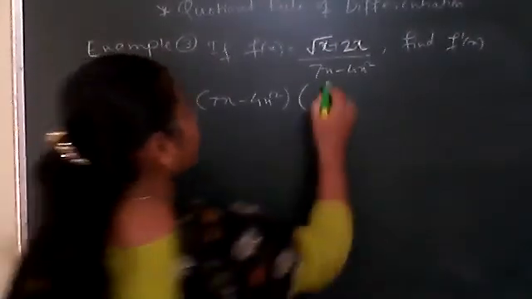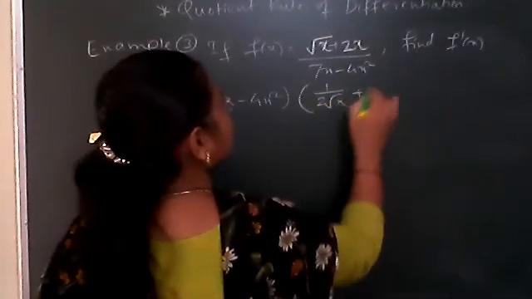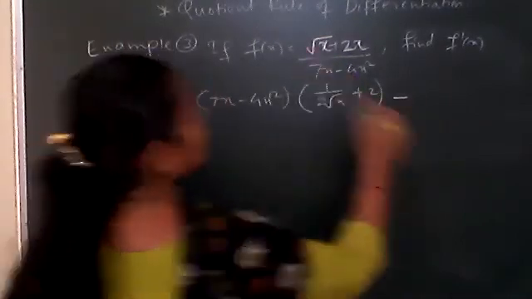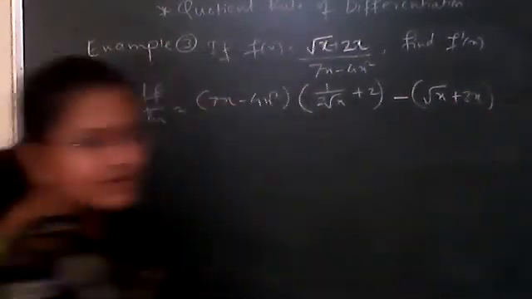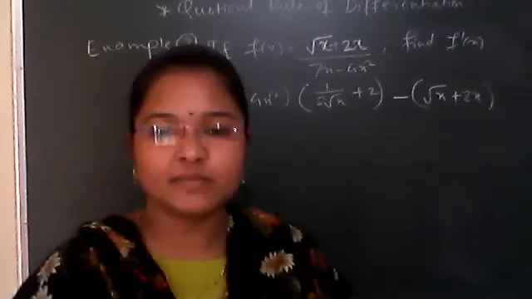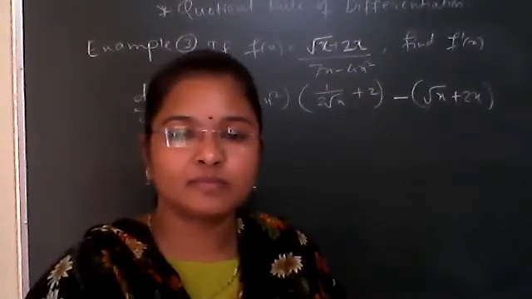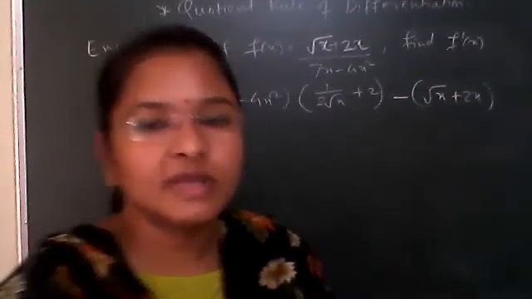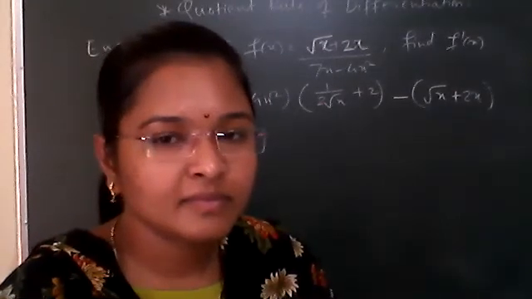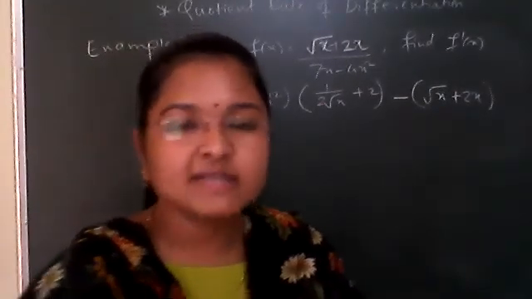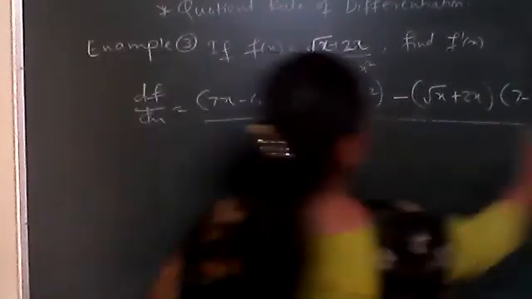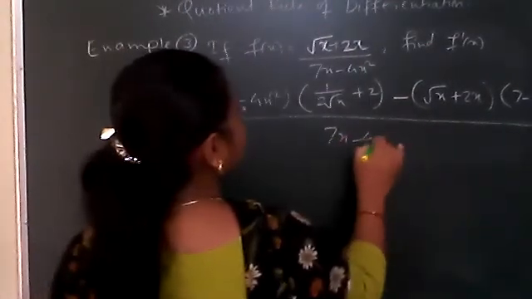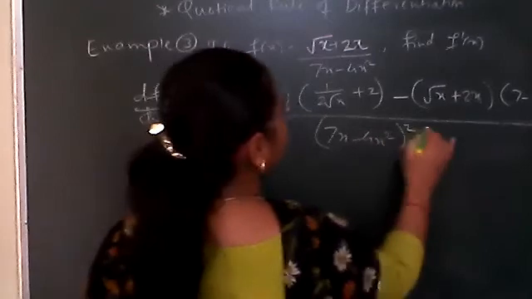Yes, very good. 1 by 2 root x plus 2 minus first function constant root x plus 2x into what is the derivative of 7x minus 4x square? 7 minus 8x. Yes, very good. 7 minus 8x. Whole thing divided by 7x minus 4x square, its square.